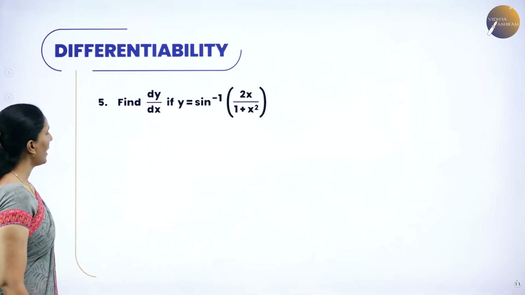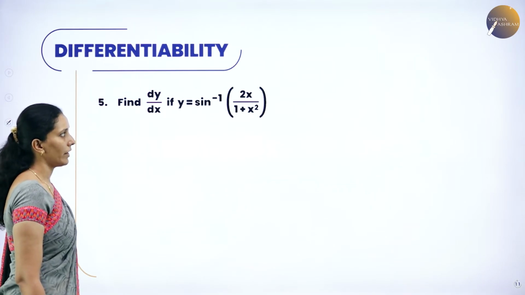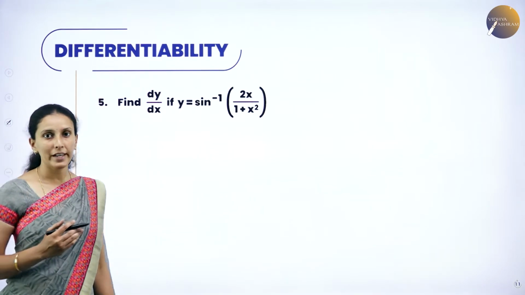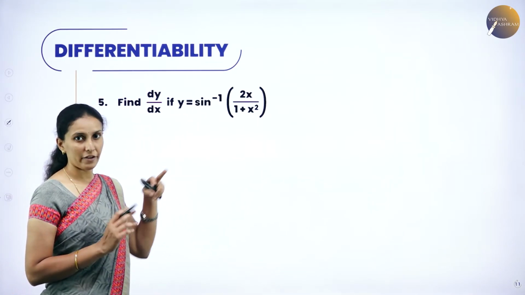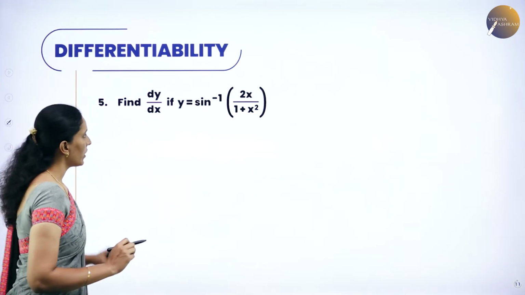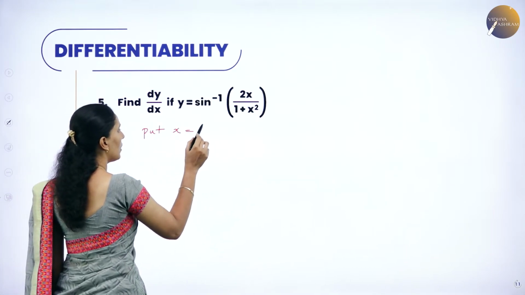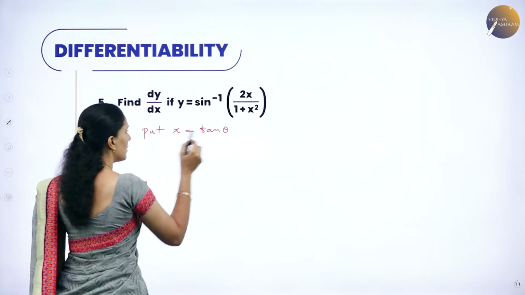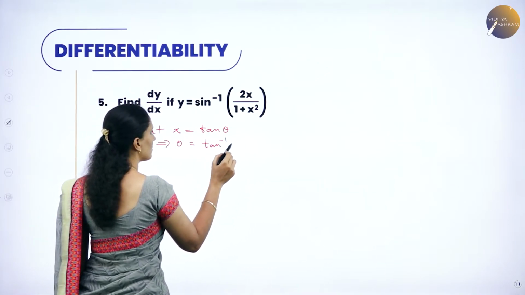Next question, find dy by dx if y is equal to sine inverse of 2x divided by (1 plus x square). I already said to you, when y is expressed in terms of an inverse trigonometric function, first simplify it and then derive it. So here also I'll put x is equal to tan theta. Then theta can be written in the form of tan inverse x.